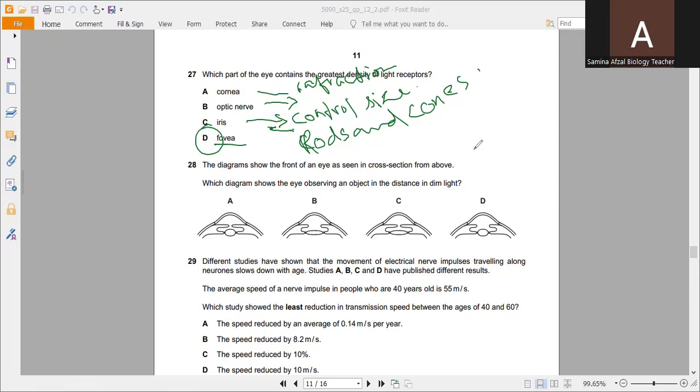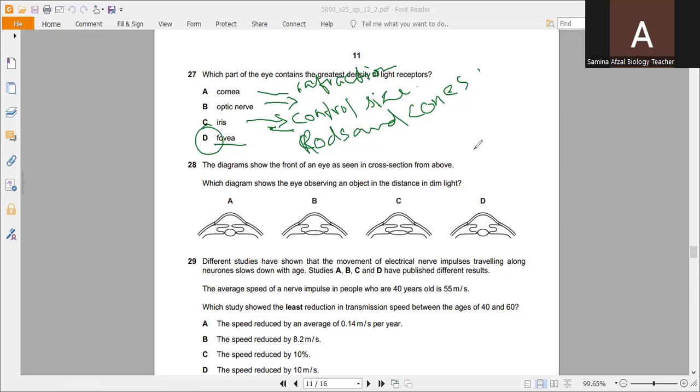To achieve this, the iris muscles work to dilate the pupil. Here you can see the lens. When looking at a distant object, the light rays entering the eye are nearly parallel, so the lens focuses these rays onto the retina without over-refracting them. The lens must be thin. This happens because the ciliary muscles relax, increasing tension on the suspensory ligaments.